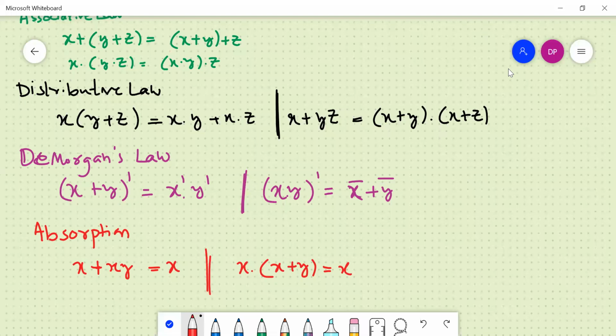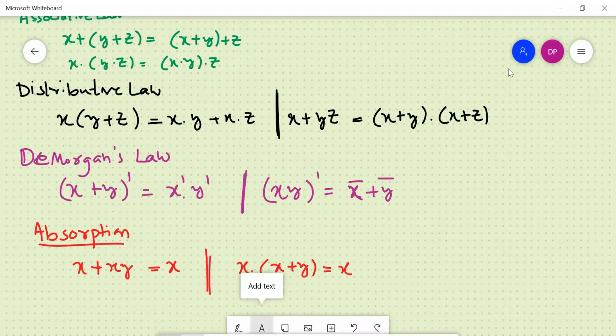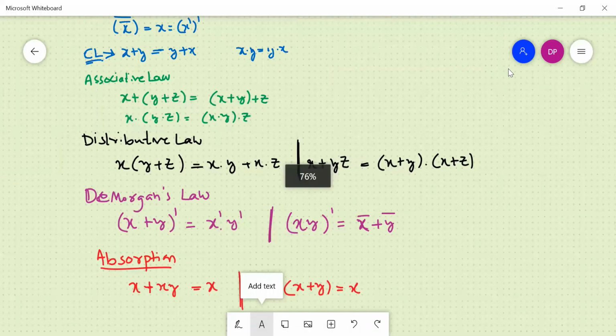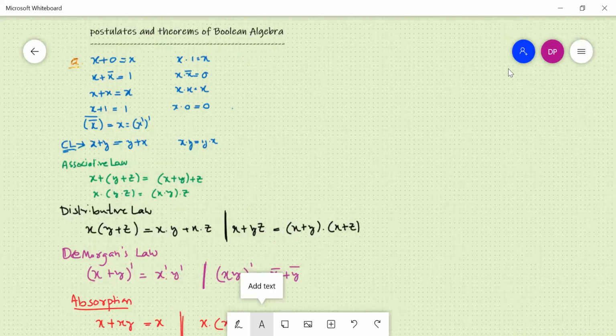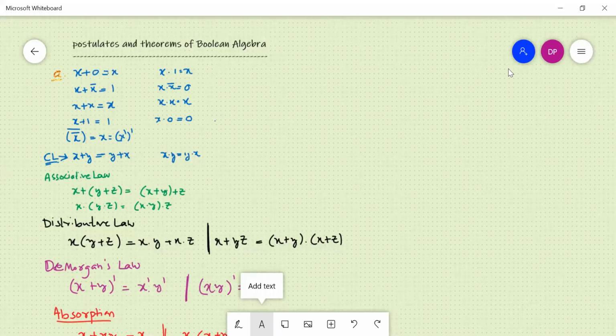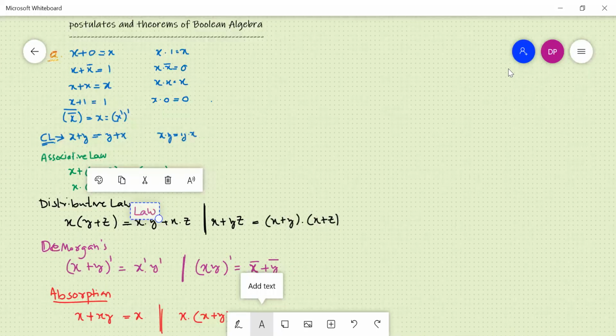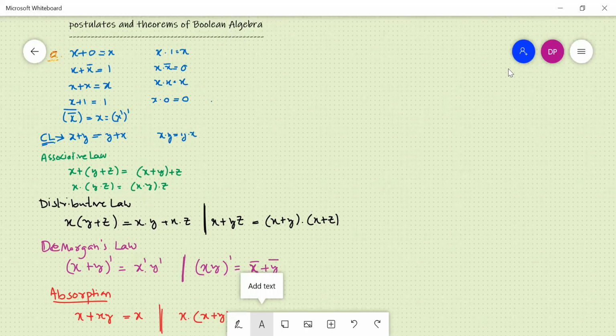So we have listed postulates and theorems of Boolean algebra, right? So this is absorption.